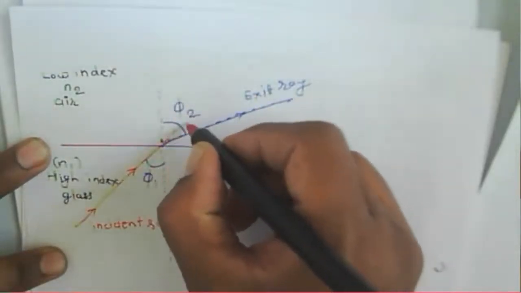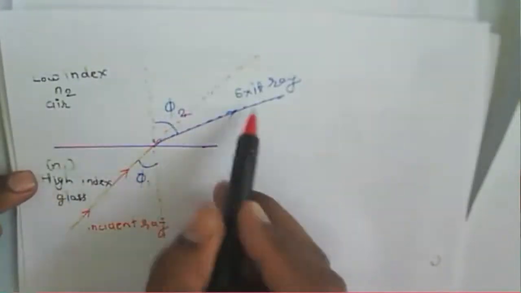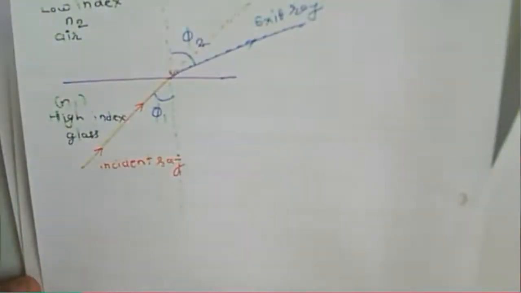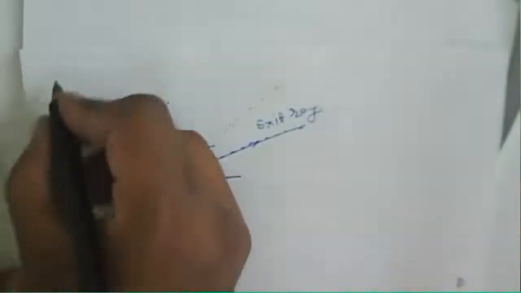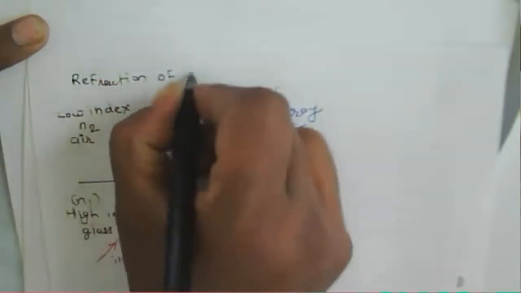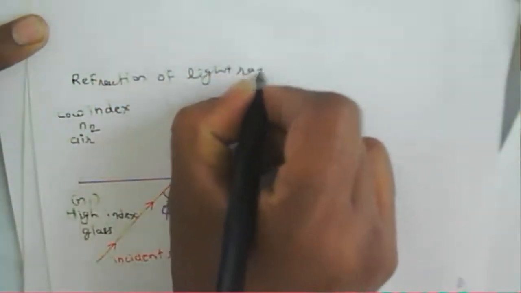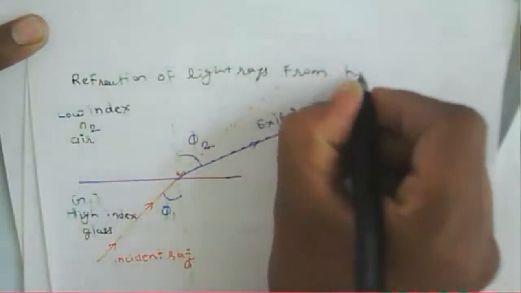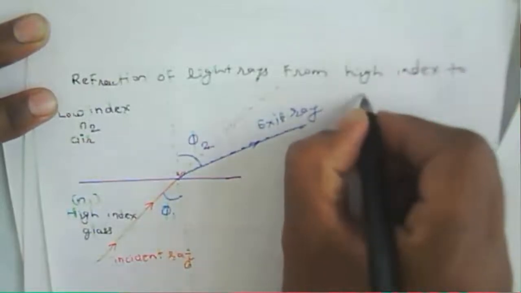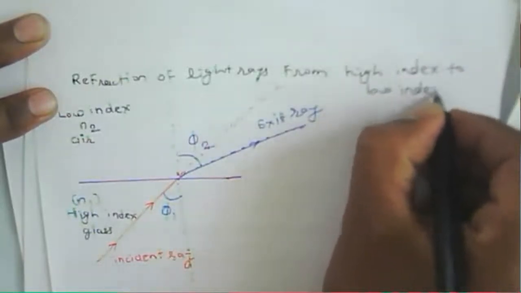But here there is a difference in the refractive index, so that's why the material behaves this way. So this is what we consider the refraction of light rays from a high index to a low index.